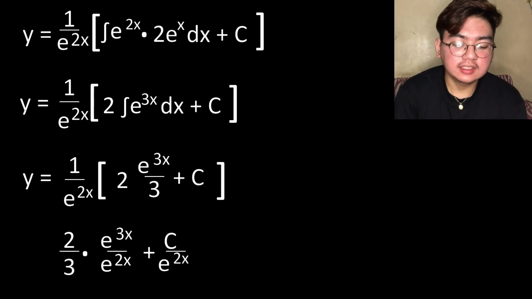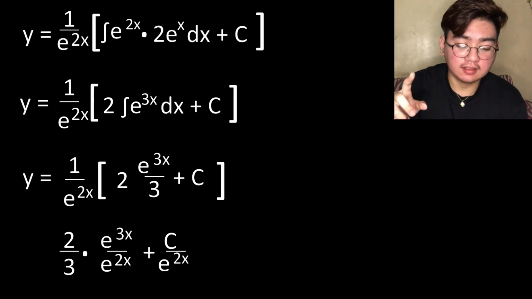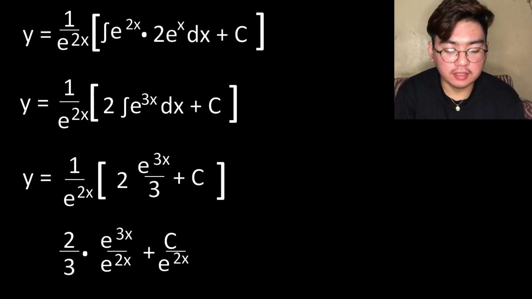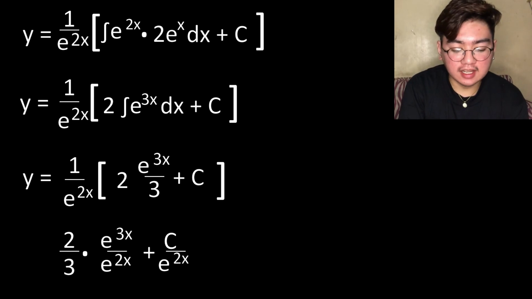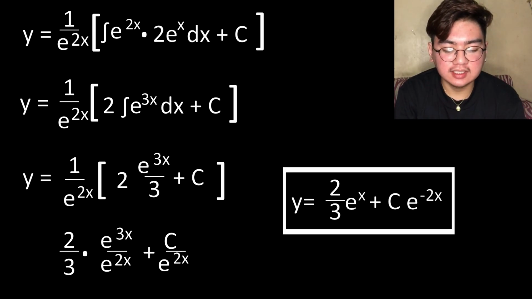Tapos yung c over e to the 2x, yung e to the 2x pwede natin siyang iakyat. Kaya magiging c e to the negative 2x. Kaya ang magiging final answer ay y equals 2 over 3 e to the x plus c e to the negative 2x. Now let's move on to another problem.